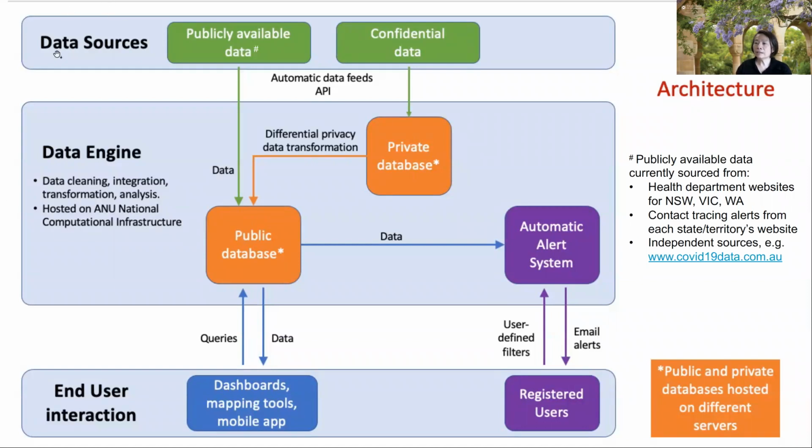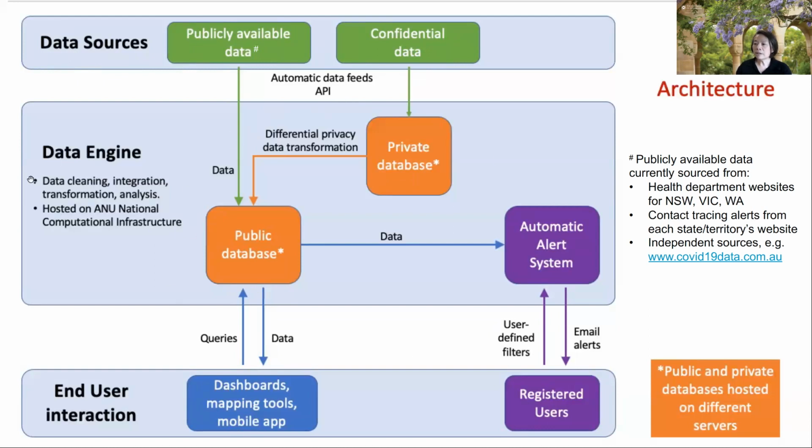So firstly, there are data, we have different data sources, which I'll talk about later. At the moment, it's all publicly available data, but soon, hopefully, we'll also have confidential data, meaning data that are not publicly available that we may need to protect in some way. Then we have data feeds, mostly through automatic APIs coming into what we call our data engine.